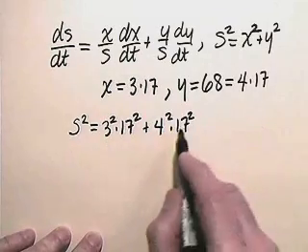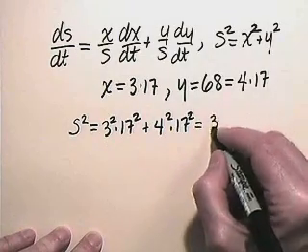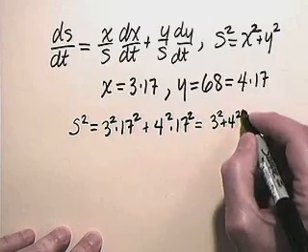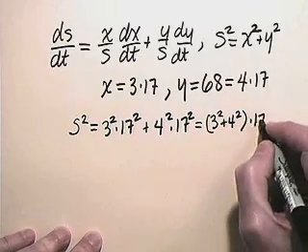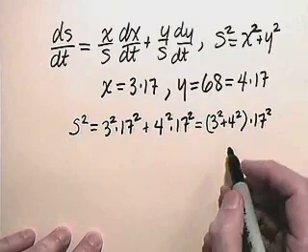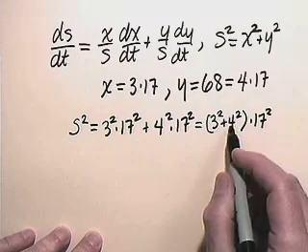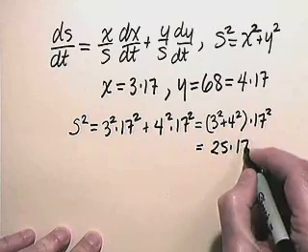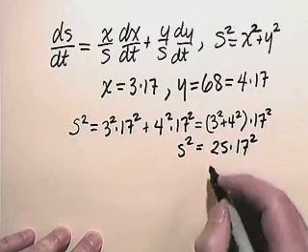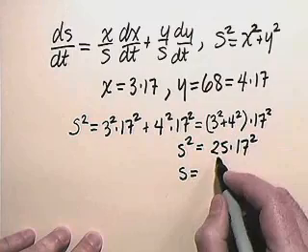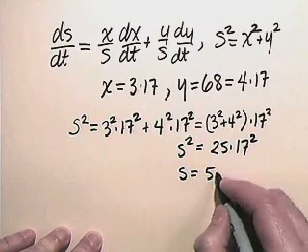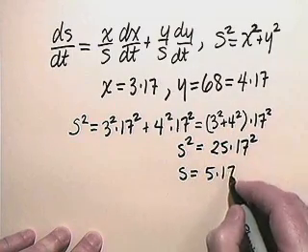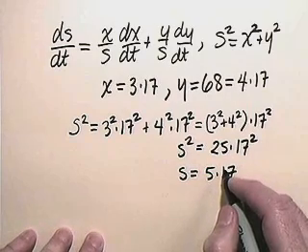And so now factor out the 17 squared. We have 3 squared plus 4 squared times 17 squared. And 3 squared is 9, 4 squared is 16, so we get 25 times 17 squared for s squared. And so s is the square root of 25, which is 5, times the square root of 17 squared, which is 17.